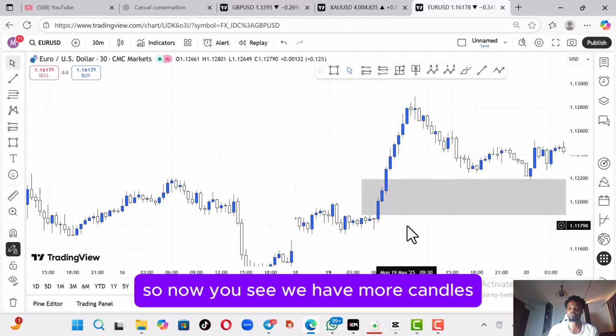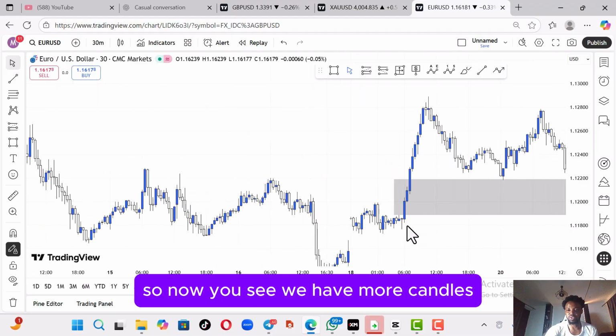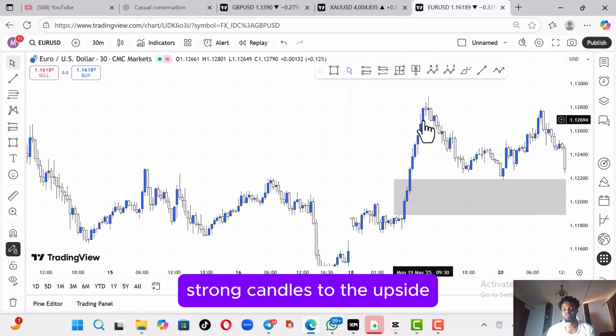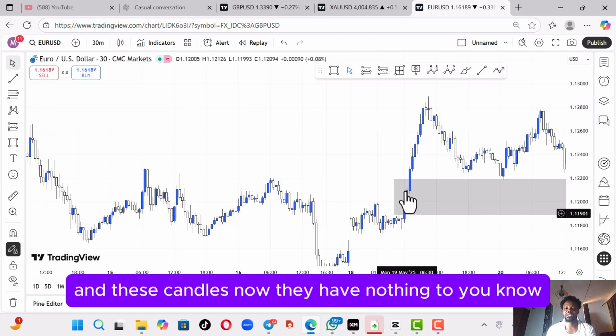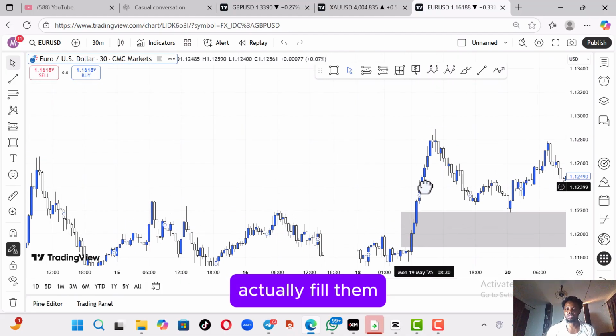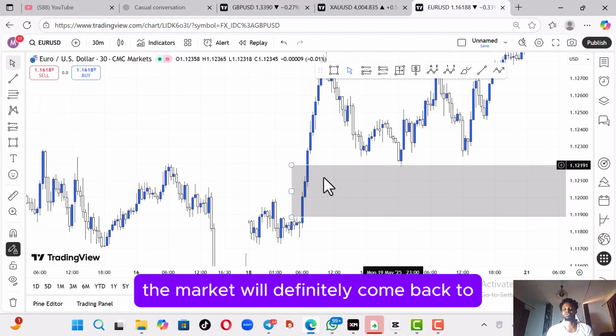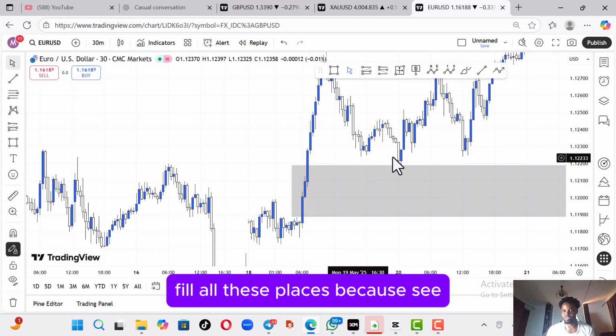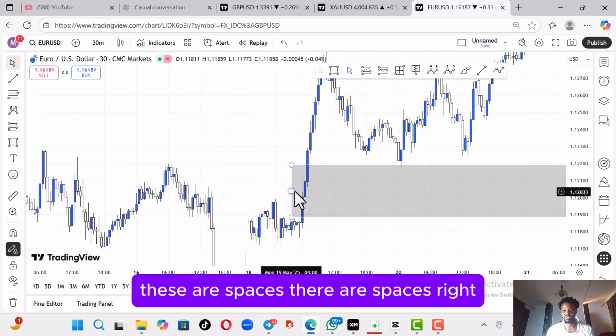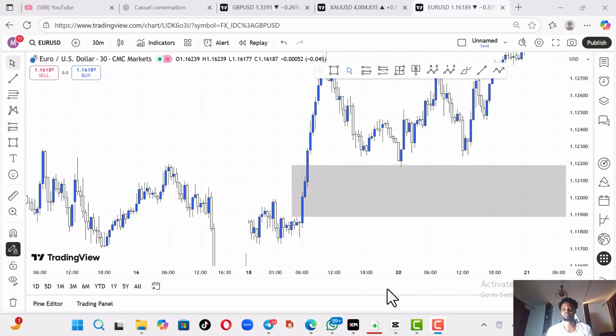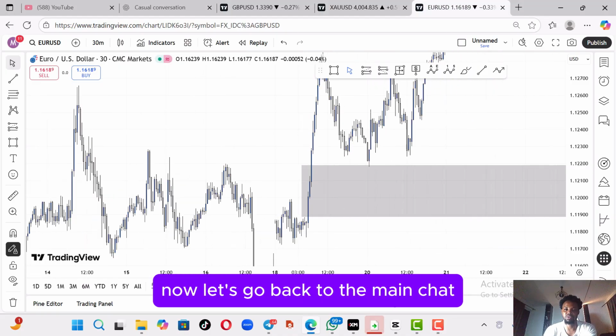So now you see we have more strong candles to the upside. And these candles now have nothing to fill them. The market will definitely come back to fill all these places because these are spaces. Now let's go back to the main chart.